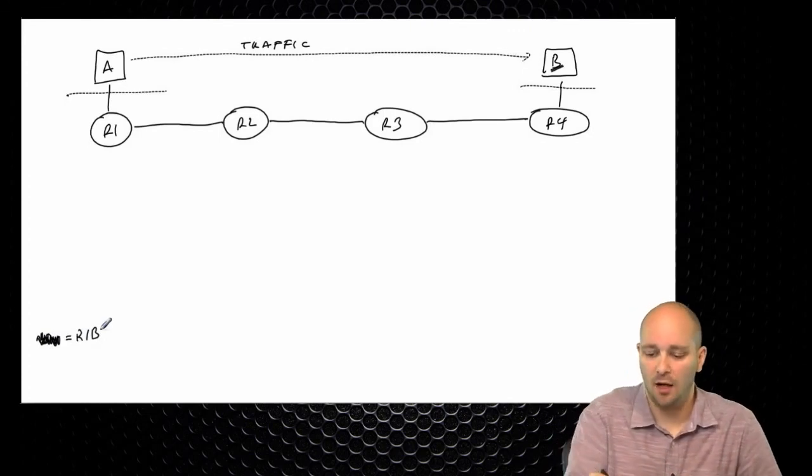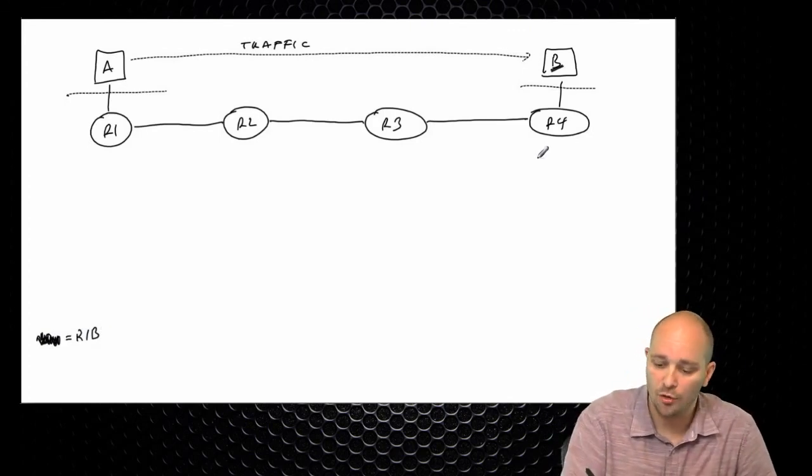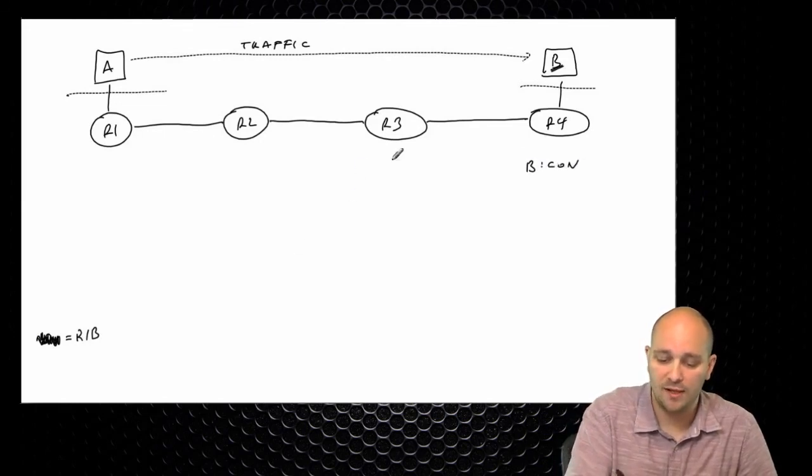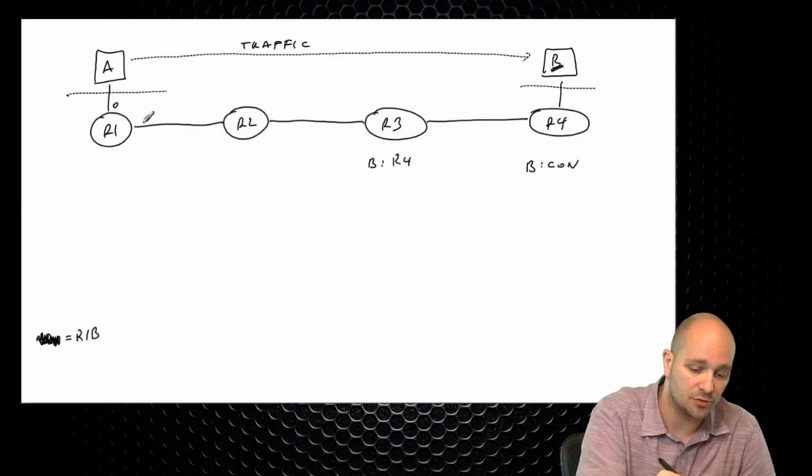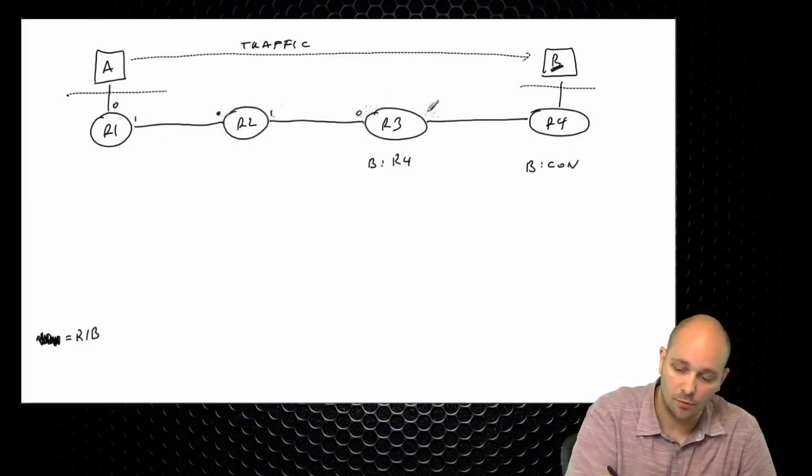So let's say that R4 here has in its own routing table, in its RIB, information that B is a directly connected route. R3 here has the information that B is reachable through R4. And by the way, let me just add the interfaces. So 0, 1, 0, 1, 0, 1, 0, 1.